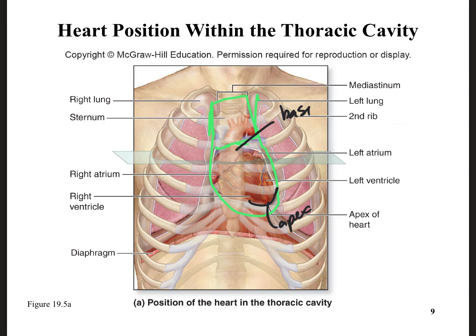Position-wise, it sits underneath the ribs, right? So maybe about the level of the fourth rib, top of the heart. The apex actually sits right on the diaphragm, the separation between thoracic and abdominal cavities.